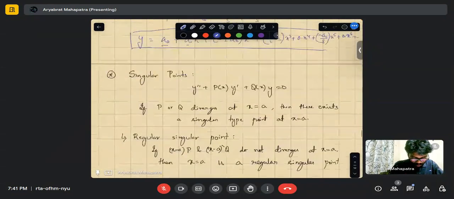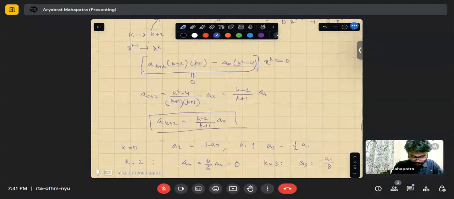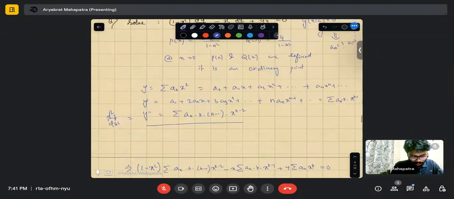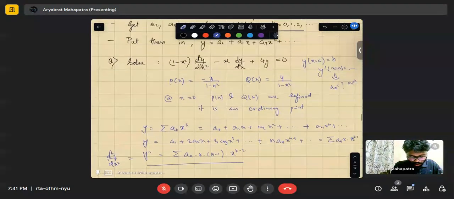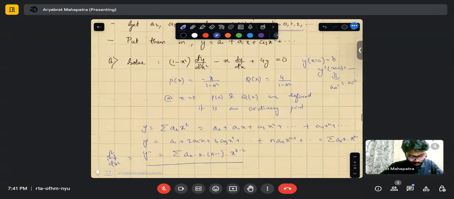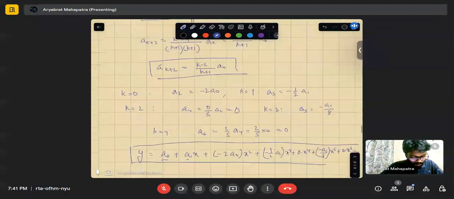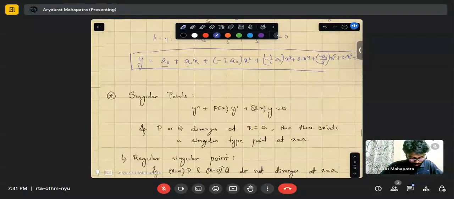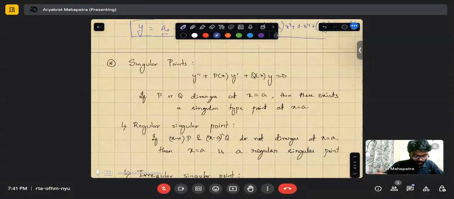So that is how you can solve an ordinary differential equation about an ordinary point. Now what happens if that is not the case, if you want to solve about a singular point? Before that, what is basically a singular point?